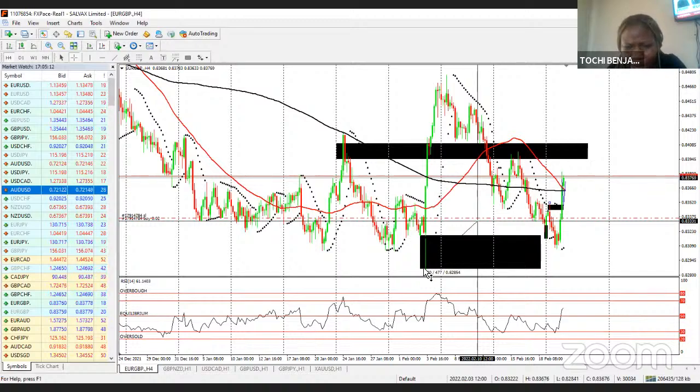I can decide to go lower, below it, by about 55 pips. So my stop loss will be around 0.8220 or thereabouts. That can be my stop loss. That's almost 55 or 50 pips difference from where I entered.